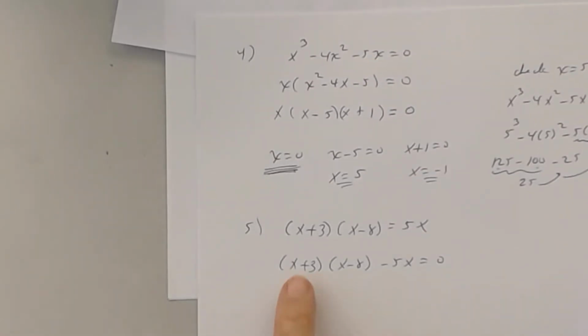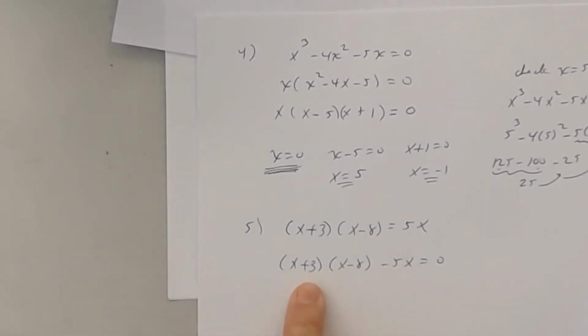Let's read it. How do you read this? You're going to say what? x plus 3 times x minus 8 minus 5x. Is that times 5x? No. So what you have at this point is not going to help you. Okay? Because that's not a factor right here. Those are not a product of factors. x plus 3 times x minus 8, but that's not a times negative 5x or times 5x. That's what? Subtract 5x.